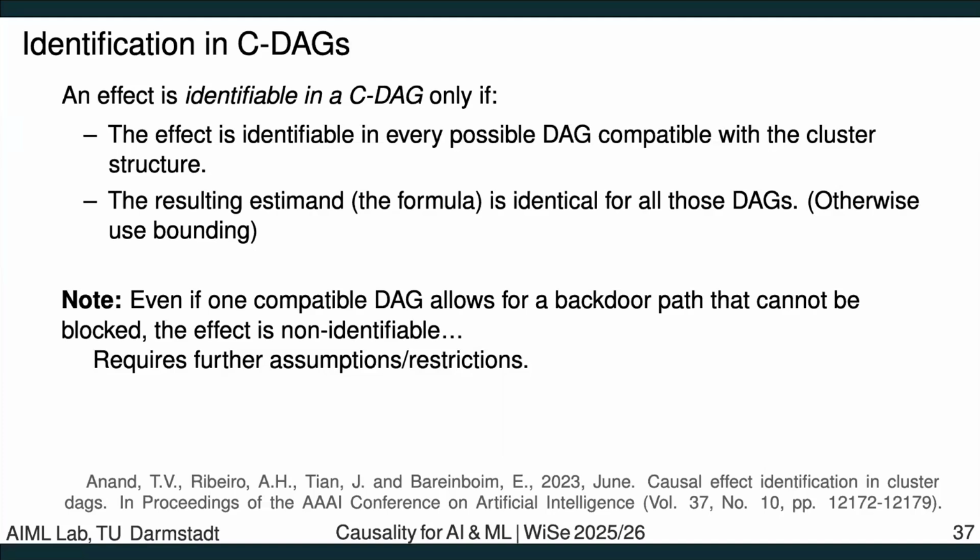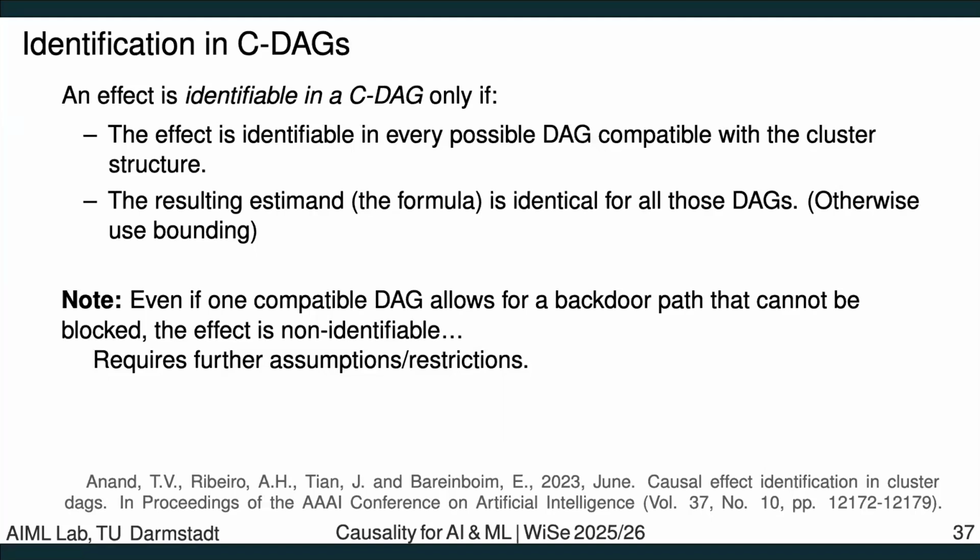In this paper, they require the effect also to be identical for all of these DAGs. Of course, if it's not identifiable, or if it's identifiable but not the same for all of them, we can at least do a bounding, right? We can say, okay, what is the lowest and highest causal effect we can obtain? And maybe that at least gives us some information.